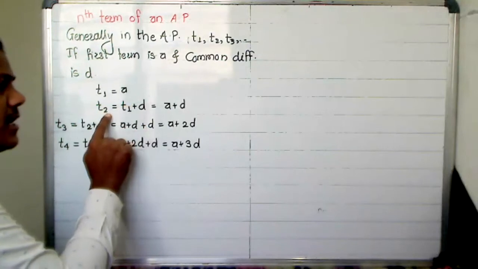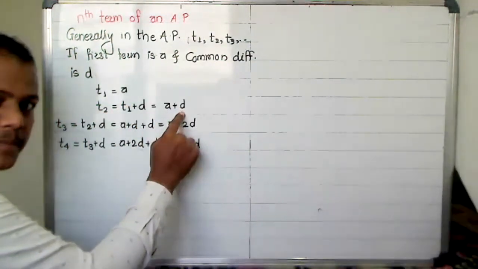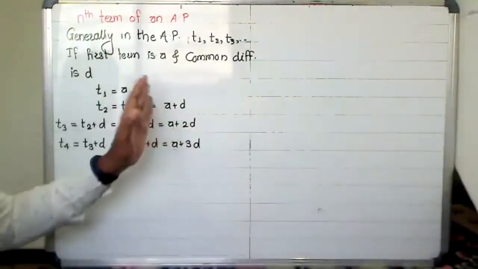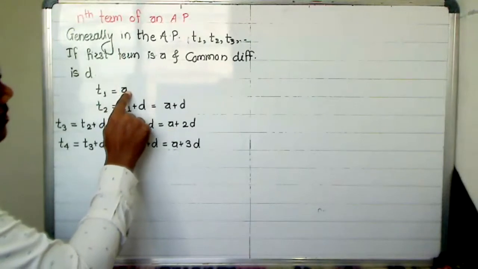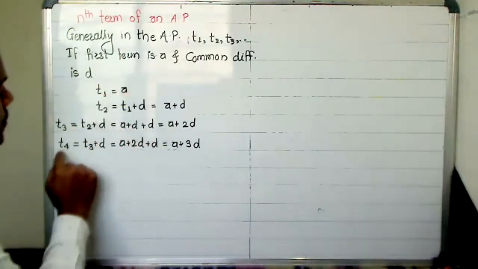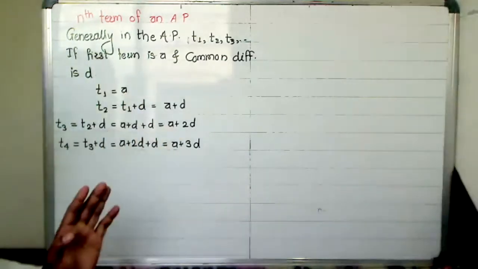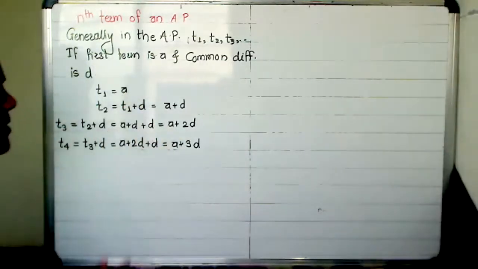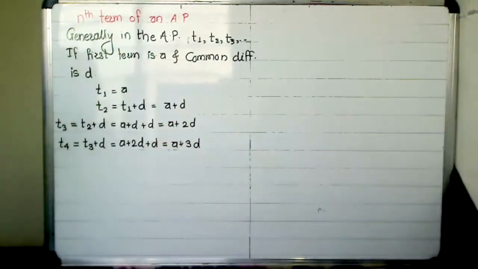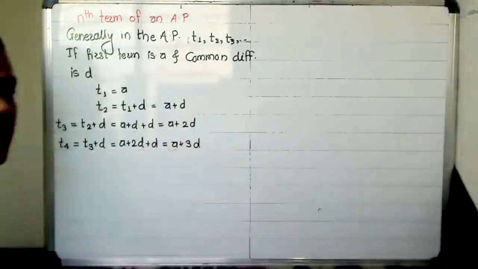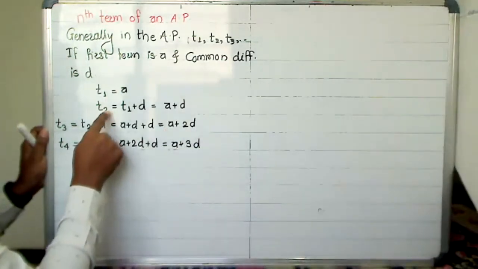In the second term, the value is A plus D. Again, what you have to understand here: in T1, T2, T3, T4, in all the values, A is the same. A is the same, but the value of D is changed.